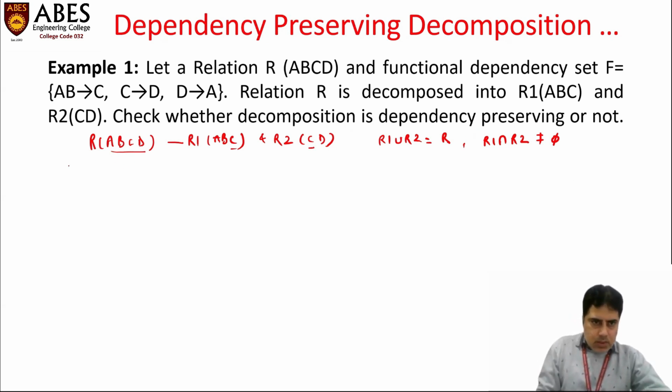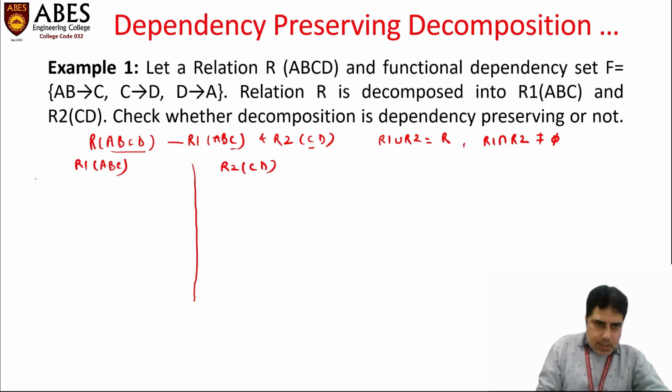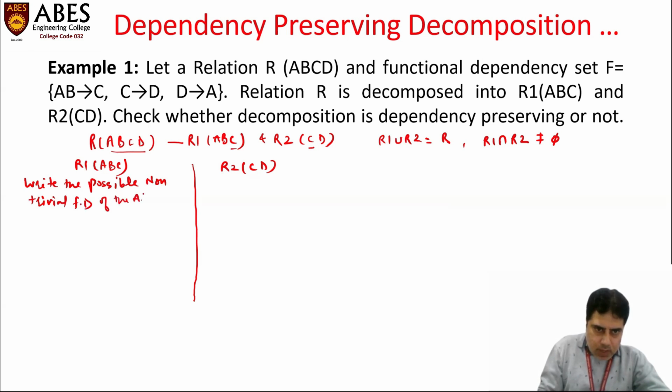Here is R1, A, B, C, and here is the R2 relation, C, D. Now write the possible non-trivial functional dependencies of the attributes of R1.